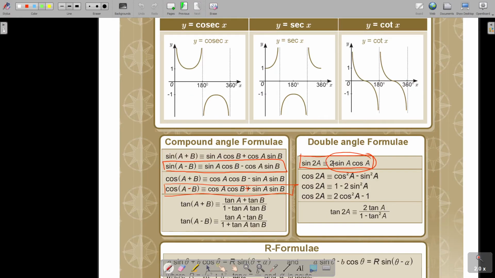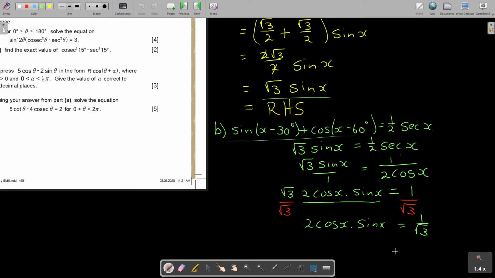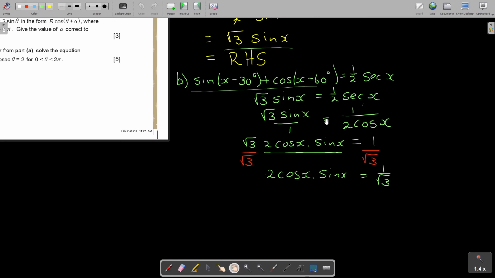Can you remember, if you have 2 sin cos, you have sin 2A, or theta, doesn't matter. So in the place of 2 sin x cos x, you can substitute sin 2x.